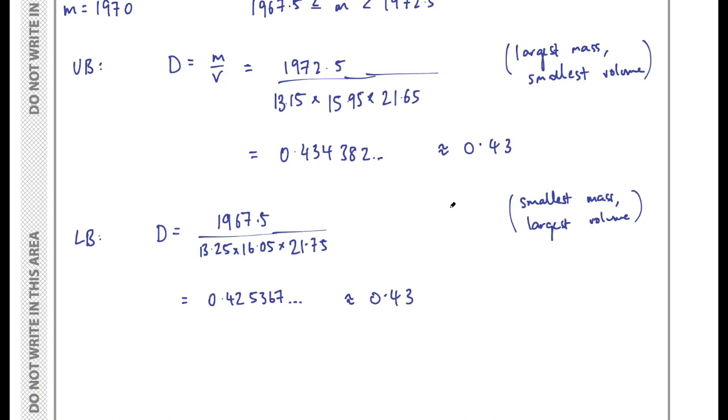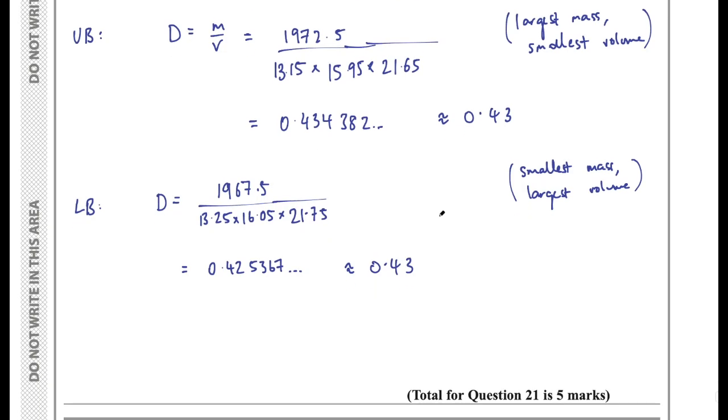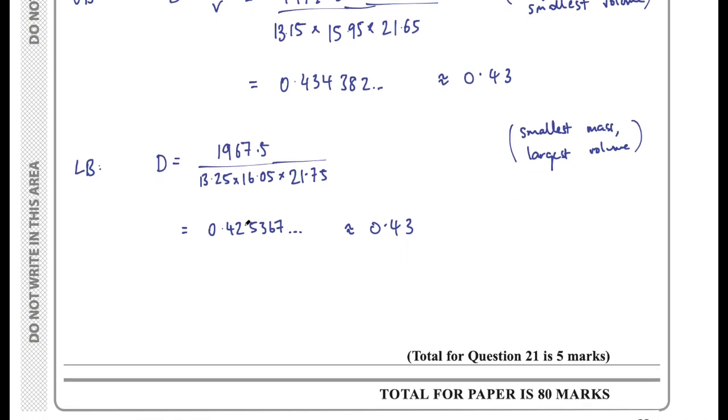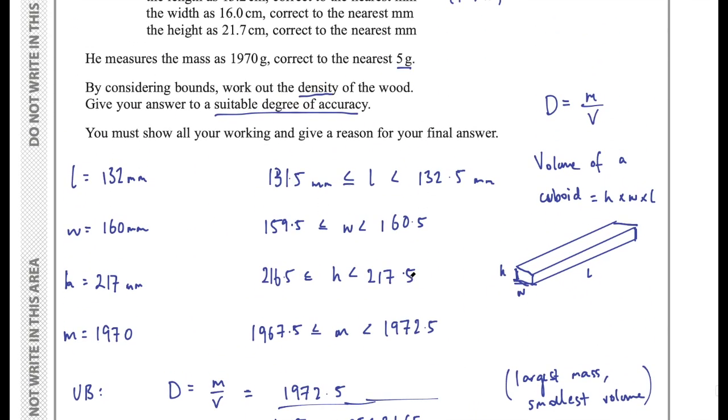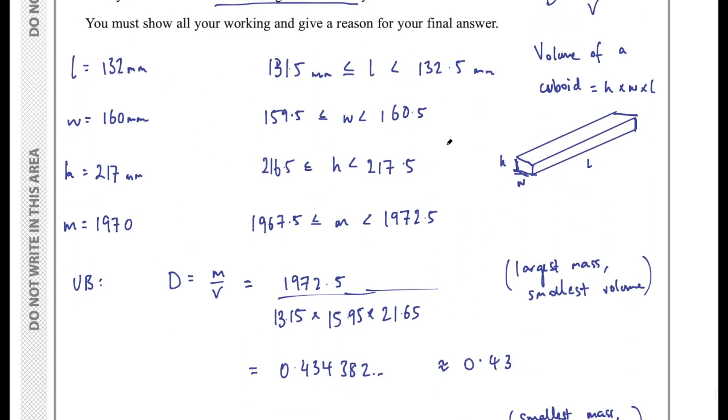Therefore, 2 decimal places is a suitable degree of accuracy because we get the same answer for both. And that's what you're looking for. You want to round off to the number that gives you the same answer for the upper and lower bounds. So we can say then that the density is equal to 0.43 grams per centimeters cubed to 2 decimal places. And I believe it also says give a reason for your final answer.